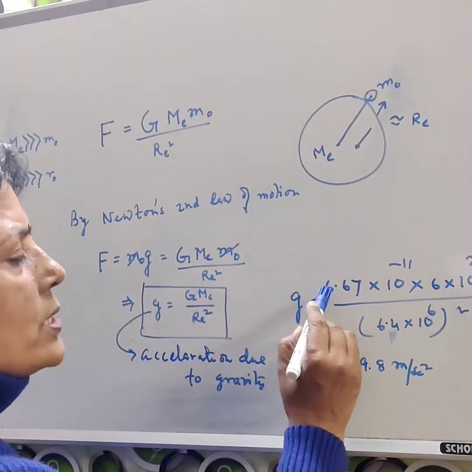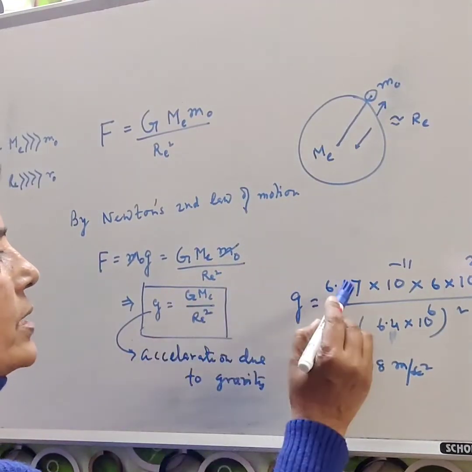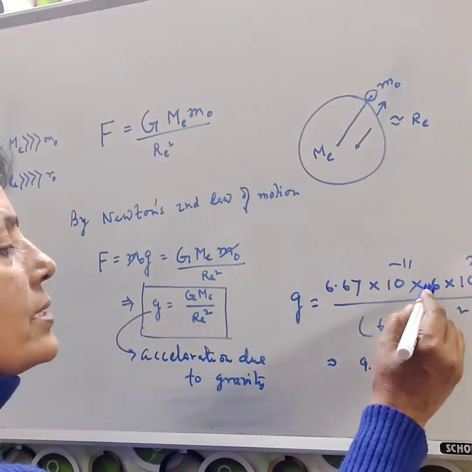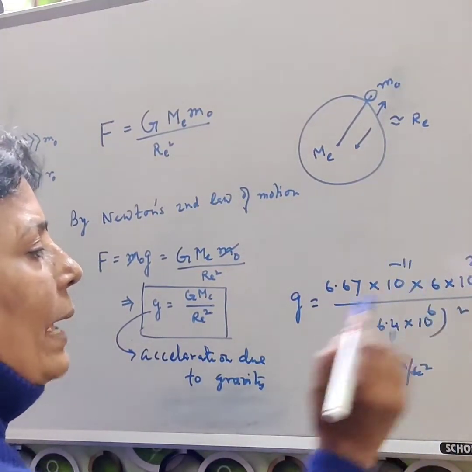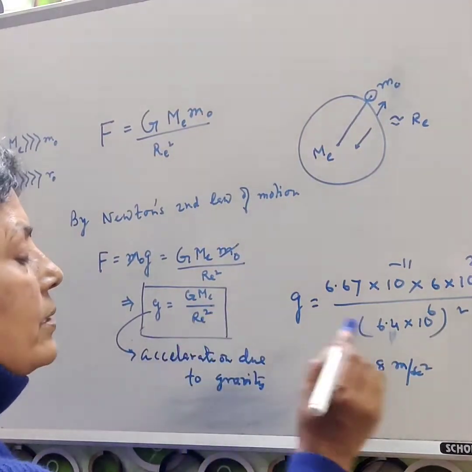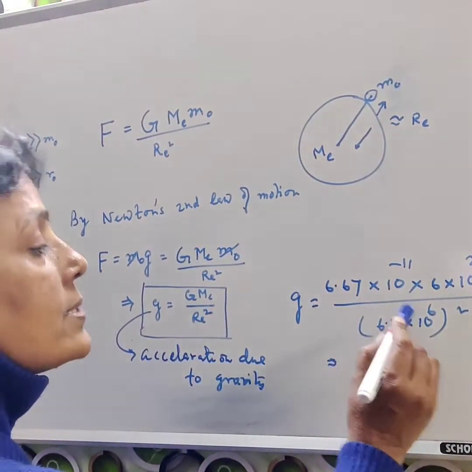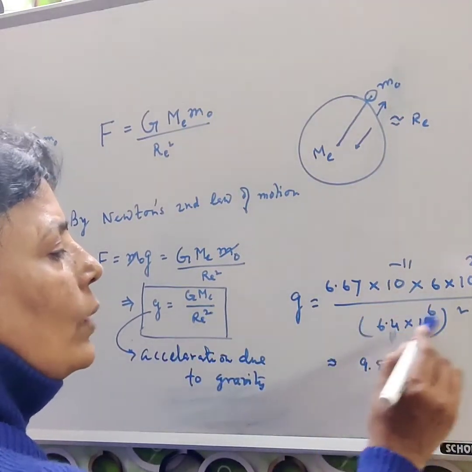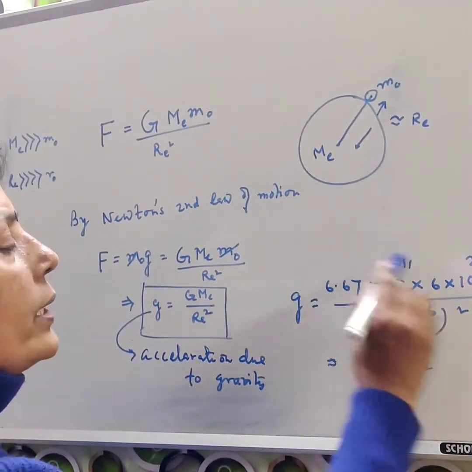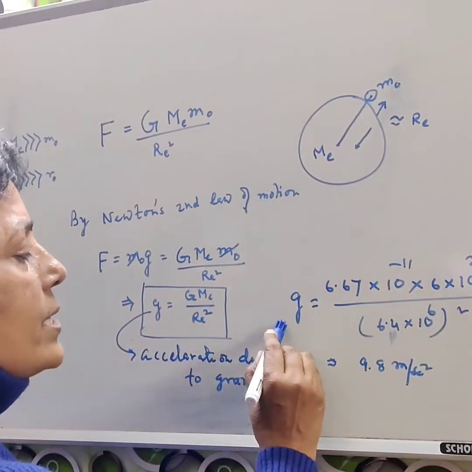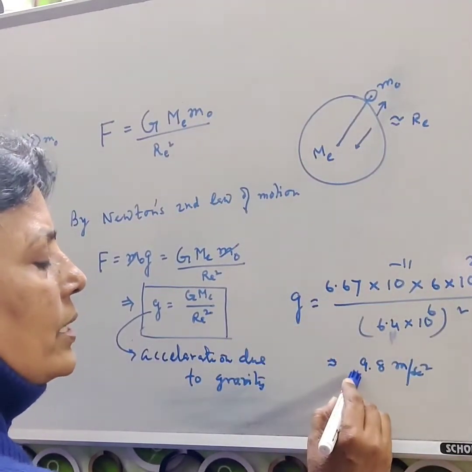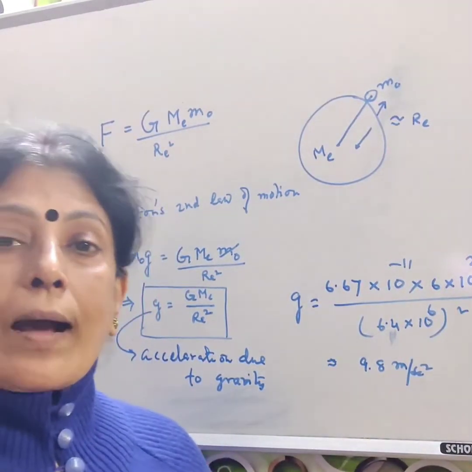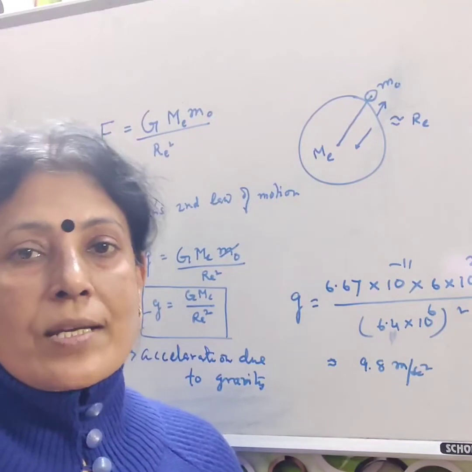Small g is equal to 6.67 into 10 to the power minus 11 into mass of Earth, which is 6 into 10 to the power 24 approximately, divided by radius of Earth, which is 6.4 into 10 to the power 6 approximately, whole square. Calculating this, we get acceleration due to gravity on Earth's surface is equal to 9.8 meter per second square. So on Earth's surface it is a constant quantity.